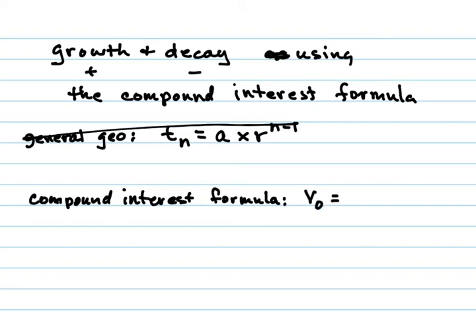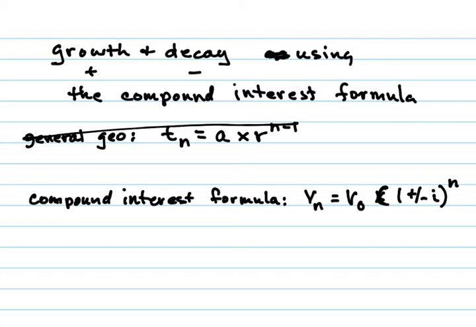Future values. V sub n equals V sub 0 times, and we usually use a bracket, 1 plus or minus i, and remember i is the interest rate in decimal form, and raised to the nth power.